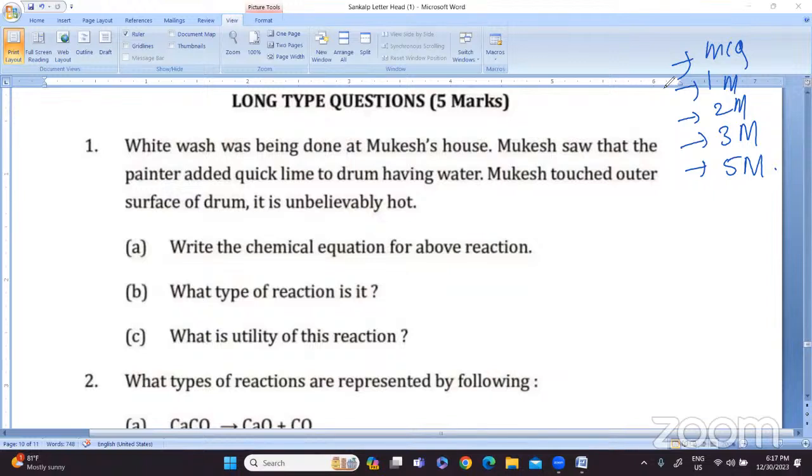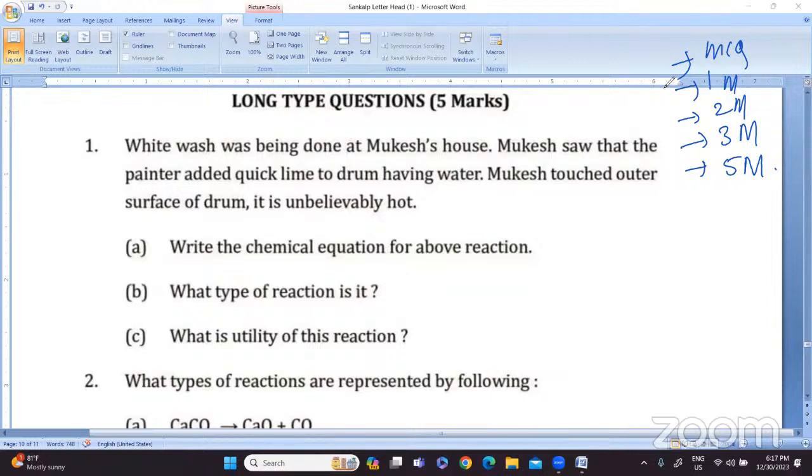Mukesh touched the outer surface of the drum. It is unbelievably hot. A. Write the chemical equation for the above reaction. Then write what type of reaction it is and what is the utility of this reaction.